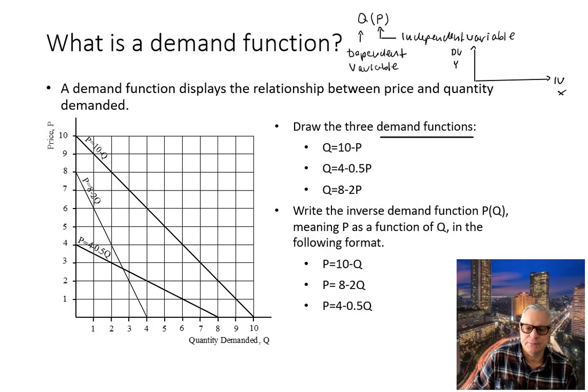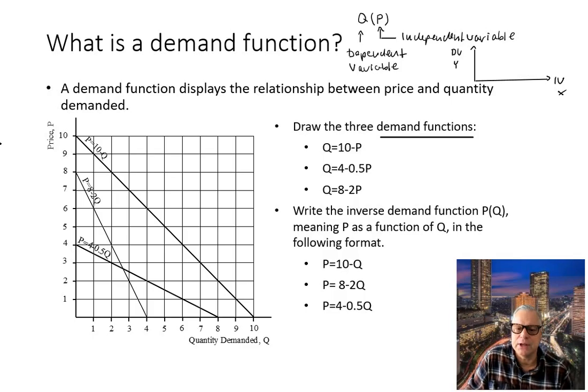But as I just mentioned, we display it differently. We actually have the price on the y-axis. So what we need to do is convert the demand function such that we don't have Q to the left side of the equal sign, but the price.